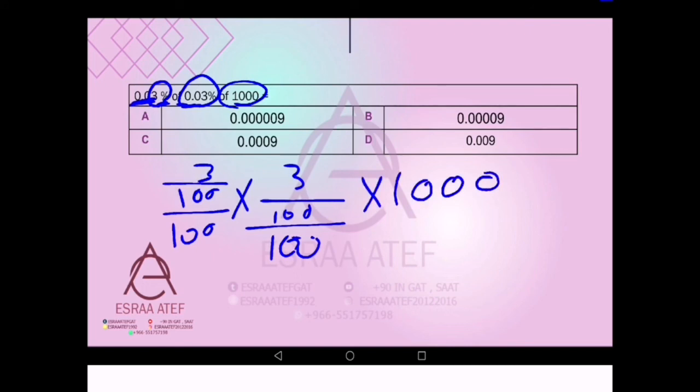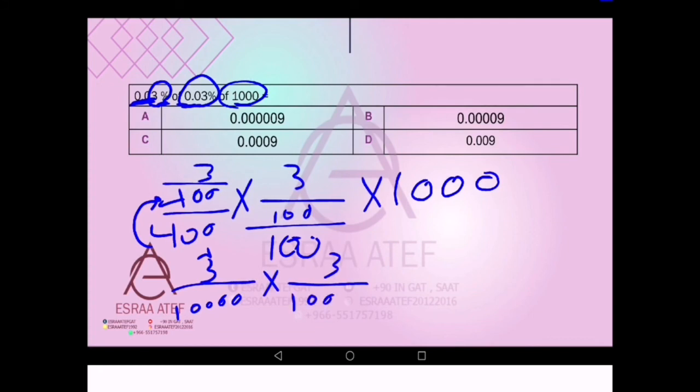Okay, so how can we solve it? If we have two denominators like this, they go to the bottom. So 3 over 10,000, and here 1000.